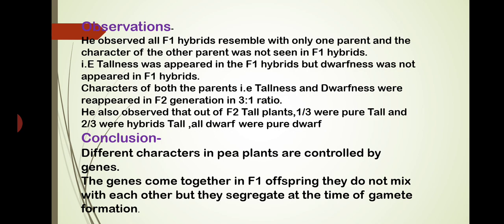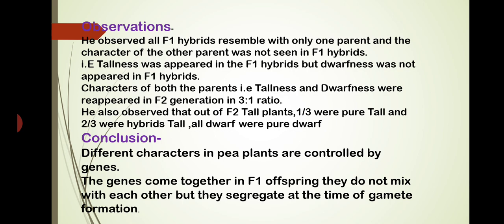Characters of both the parents, tallness and dwarfness, reappeared in the F2 generation. That's why the phenotypic ratio observed is 3:1. Also he observed that among F2 tall plants, 1/3 were pure tall and 2/3 were hybrids, and all dwarf were pure dwarf.